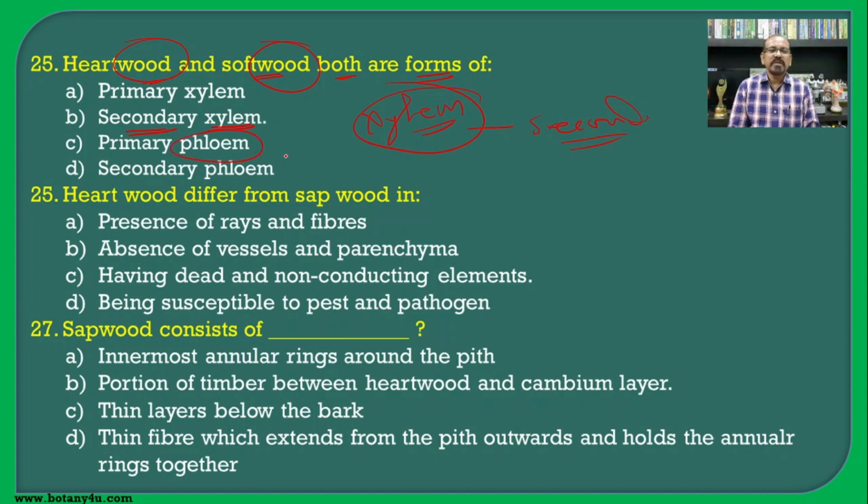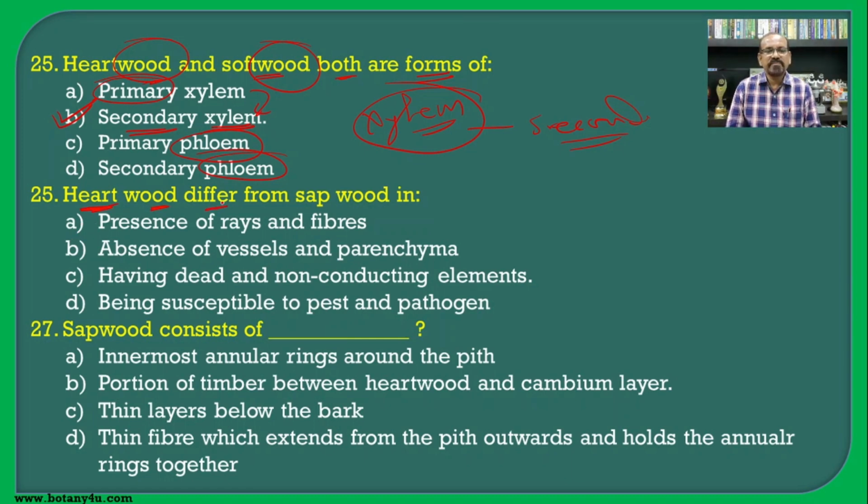The phloem is not part of the wood, while primary xylem is present just initially, but later a large amount of xylem is formed by the activity of the fascicular cambium, and that is known as secondary xylem, and hence hardwood and softwood both are forms of secondary xylem.